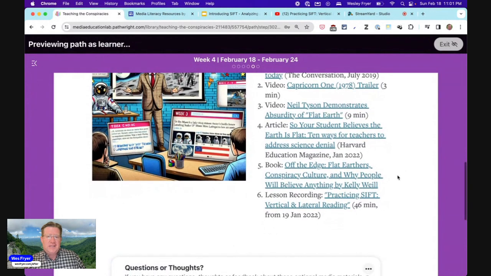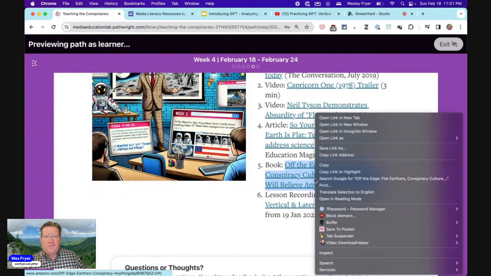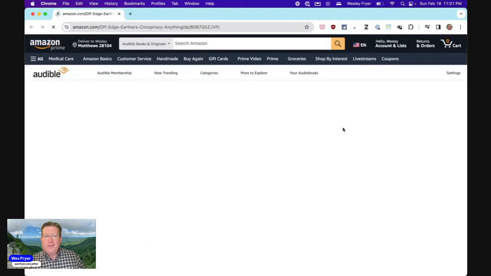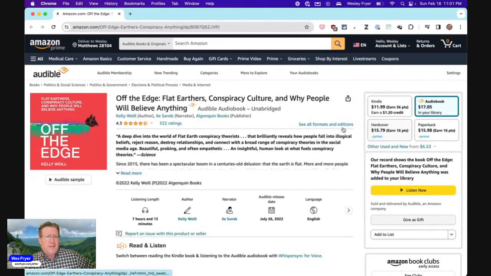This is a book that I have listened to on Audible. Again, totally recommend. It is called Off the Edge: Flat Earthers, Conspiracy Culture, and Why People Will Believe Anything by Kelly Weill.